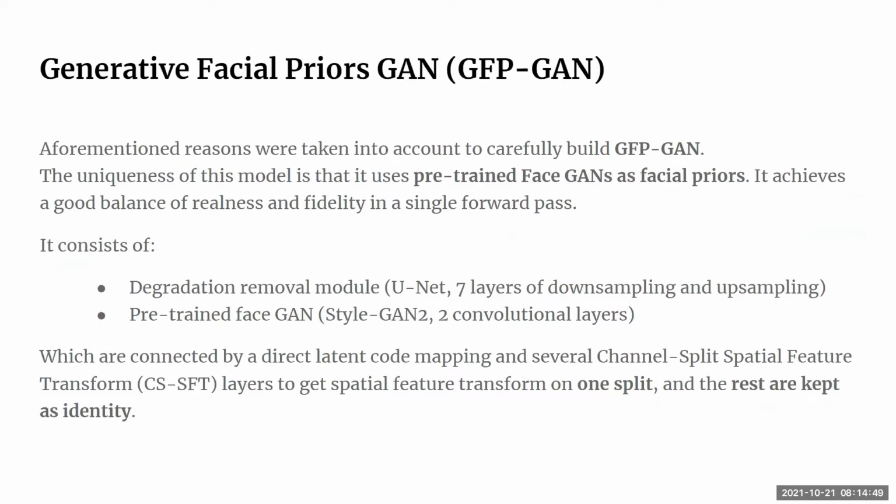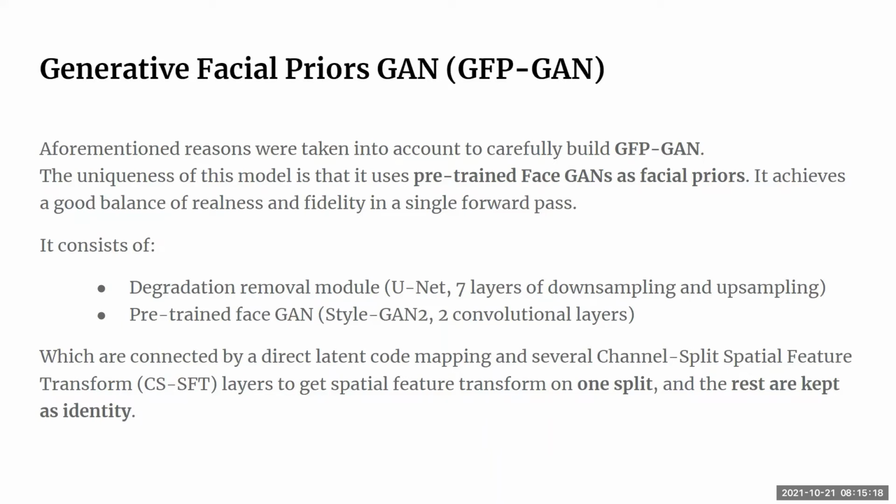And that brings us to the topic of today's research paper reading session, the generative facial prior GANs. What it does differently is that it already has pre-trained face GANs that are used as facial priors. And it achieves a good balance of realness and fidelity in a single forward pass. It mainly consists of the degradation removal module.